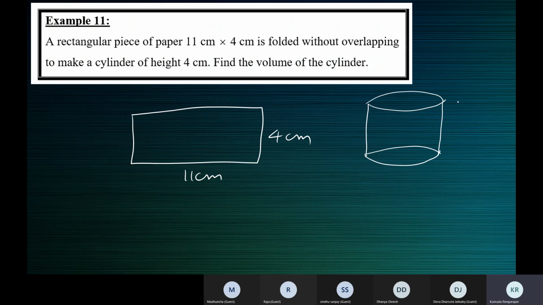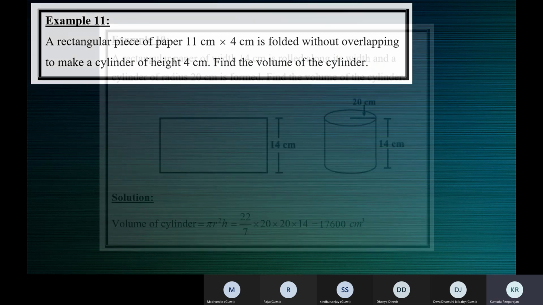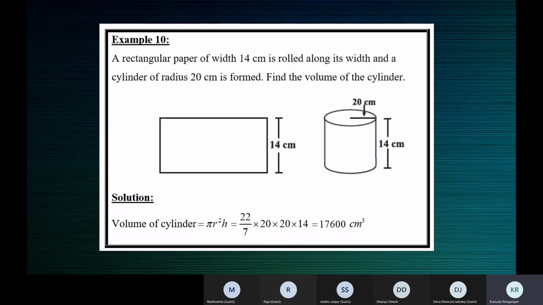Find the volume of the cylinder. Now, what are the two values you need to find the volume of a cylinder? Let me show you the earlier answer. What are the two values you need? What is the formula?